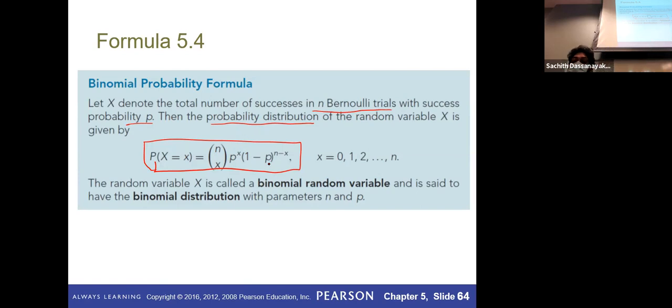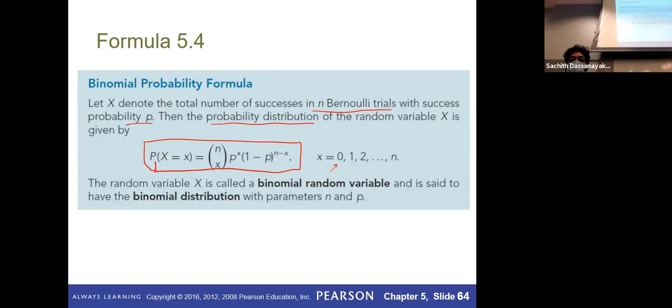So this is the probability of failure to the power n minus x. This x always starts from a minimum of 0, because X is a discrete variable. So the x value starts from 0 up to a finite number, which in general we denote by n. It has a boundary value, and the maximum is n.